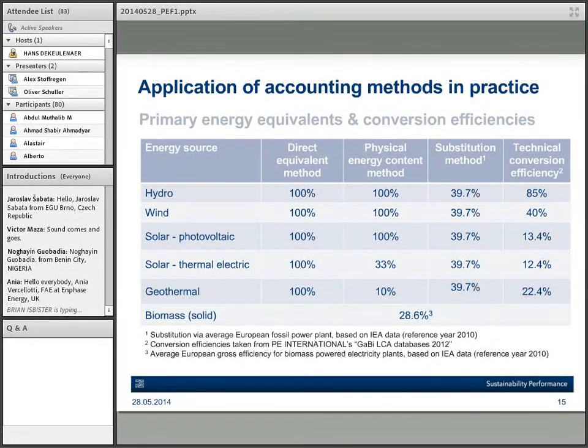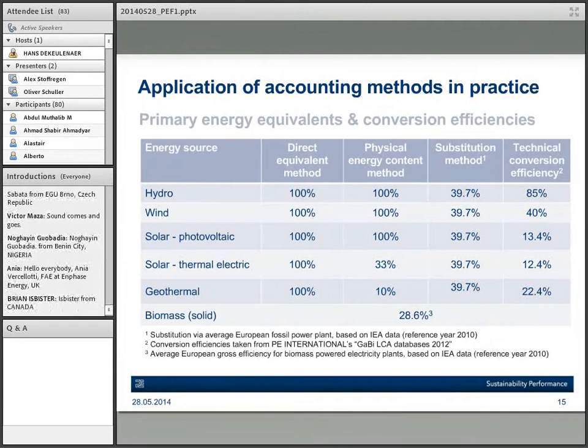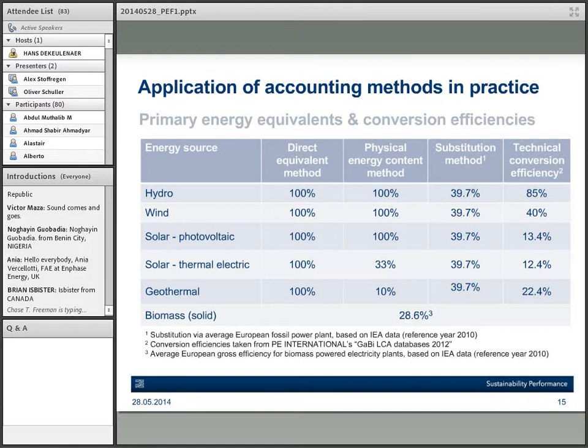So what you see is basically the primary energy equivalents or conversion efficiency, which are used in the different methods for non-combustible renewables, and I also added here biomass as an additional example to see how different it can be.